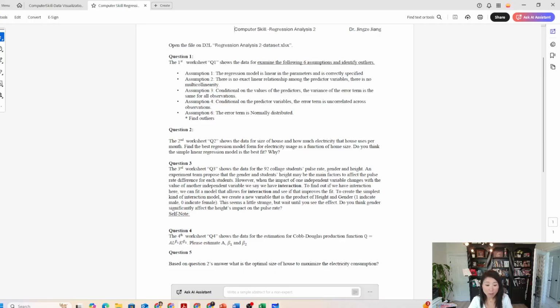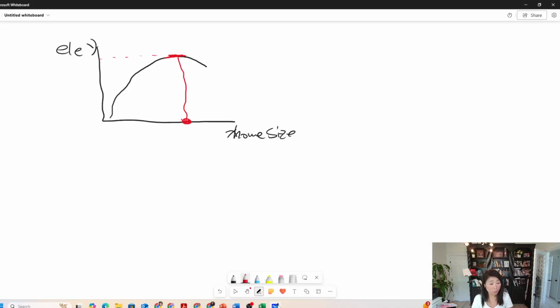So how can we answer this question? We go back to our regression model: y equals b0 plus b1x plus b2x squared. The square term is introduced to capture the curvilinear relationship. To find this peak, we use calculus. Here I show you how to derive the formula, but when you work on your homework on Connect, you can directly use that formula.